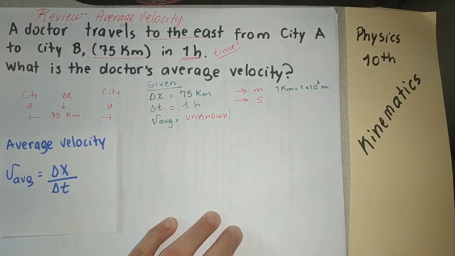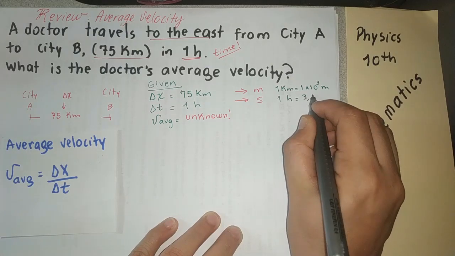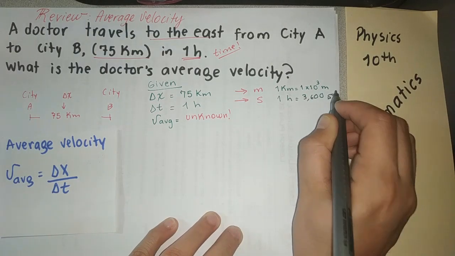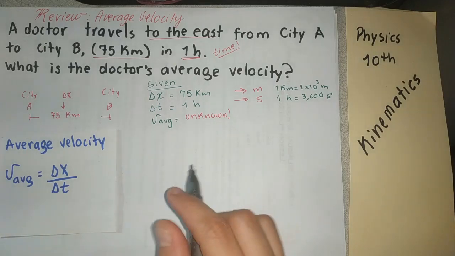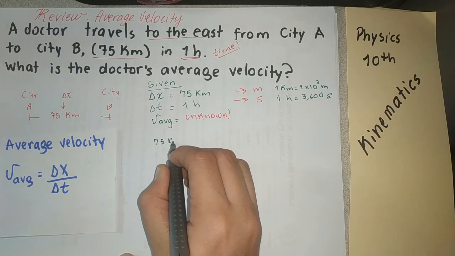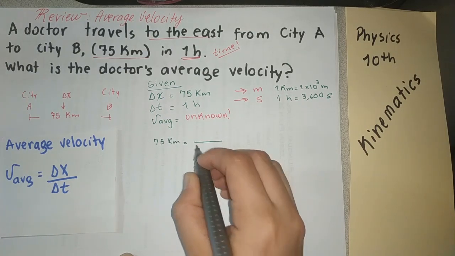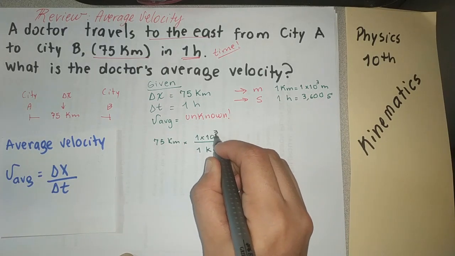This is on page 12. Remember that table that you just learned. Now, in 1 hour, we know there are 3,600 seconds. So when you do the conversion, if you don't remember, I'm going to do the conversion here. It's going to be 75 kilometers times, in 1 kilometer, I have 1 times 10 to the third power meters.